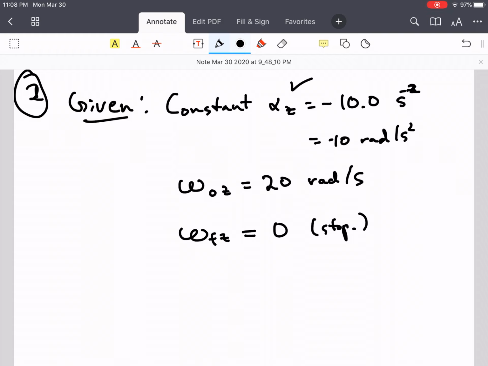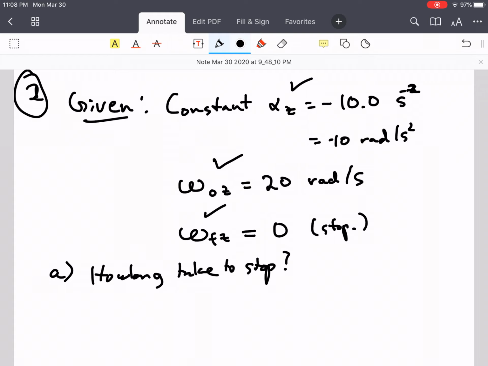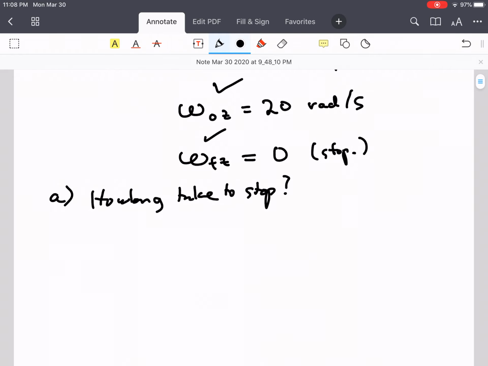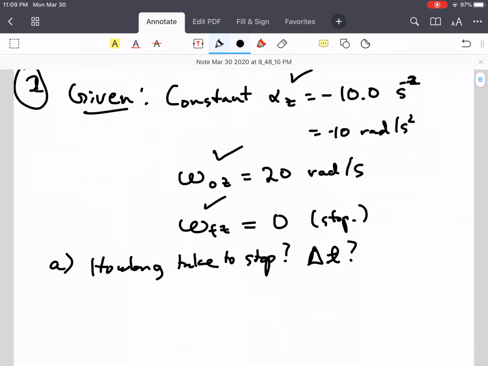So I'm given constant angular acceleration, omega z initial, omega final. And part A of the problem, let's go back to it, asks me how long it takes to stop. In other words, what's the delta t that it takes to stop?